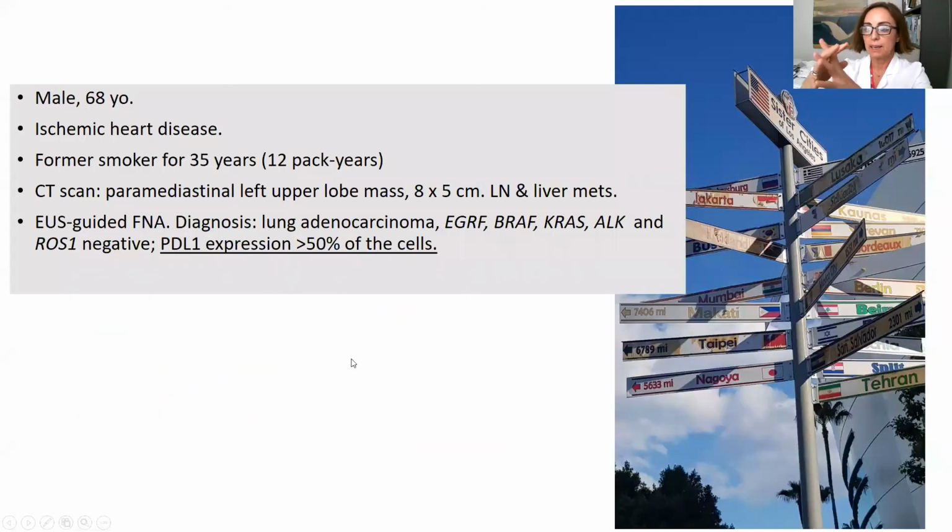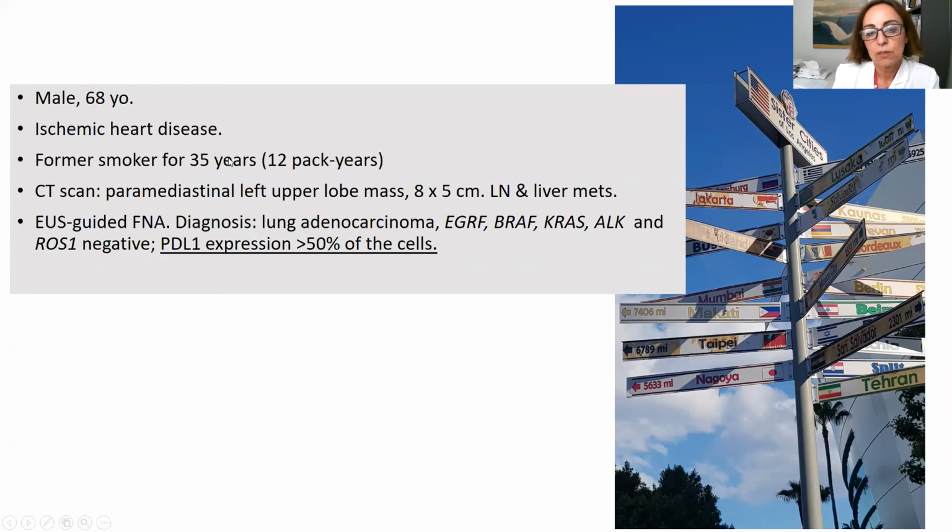And let me show you, to end, one case that relates all that I'm talking to you about today. This is the case of a 60-year-old male who has been suffering from a very painful ischemic heart disease.